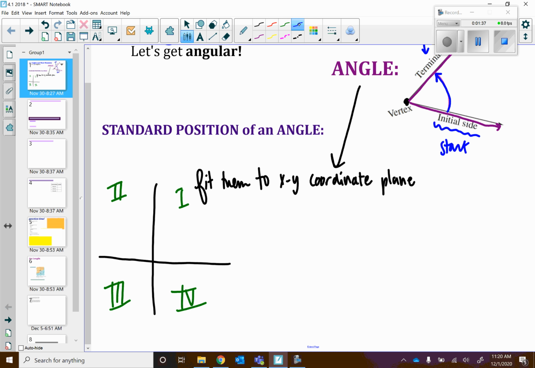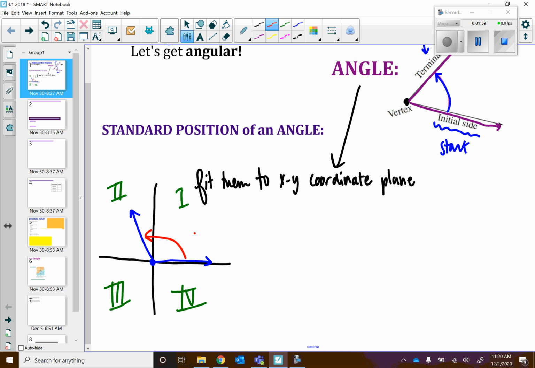Specifically, standard position of an angle is an angle whose initial side is on the positive x-axis, and the angle opens counterclockwise. So it could look like this.